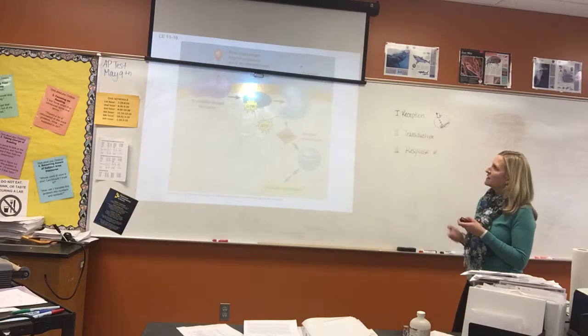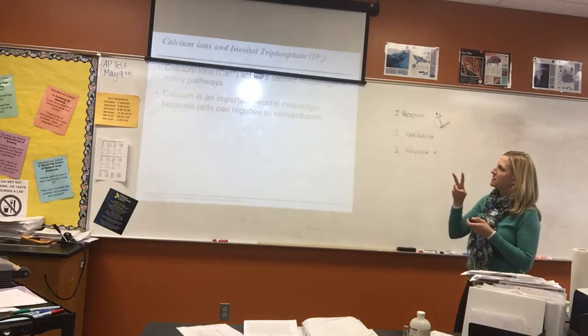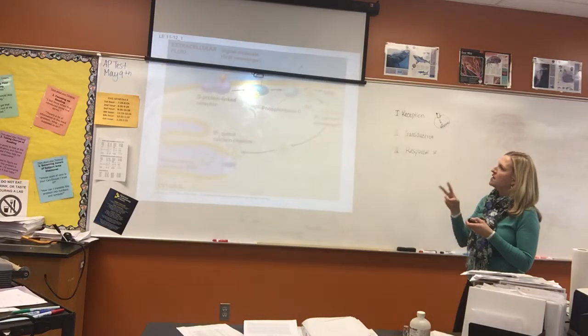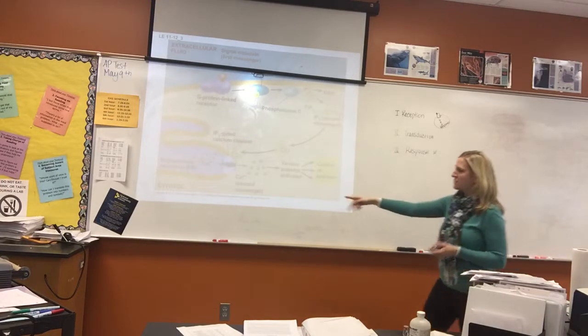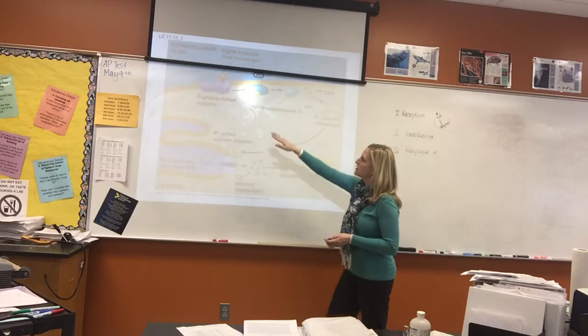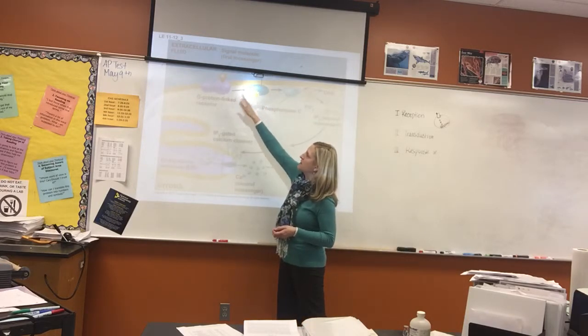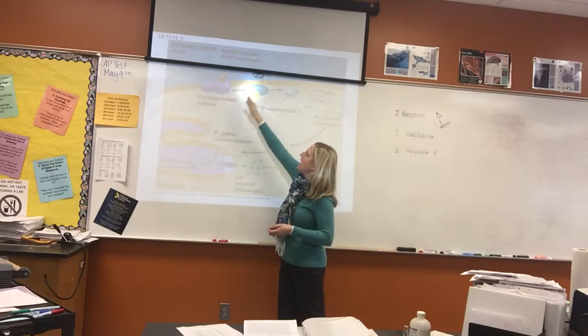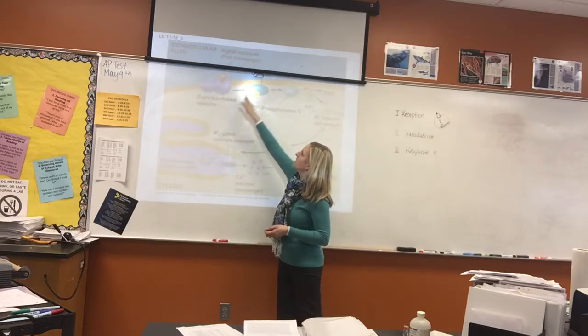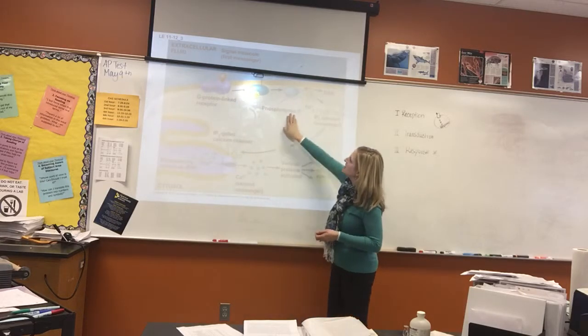We talked about 2 examples of second messengers. The second one was calcium being the second messenger. This is the same idea. The first messenger is a signal molecule that, once it binds, activates your G protein, which activates an enzyme.